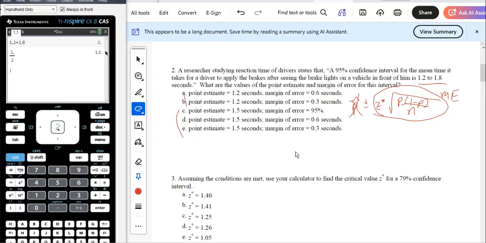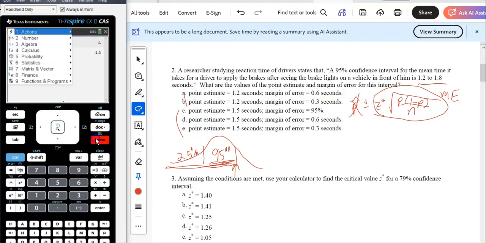So we have to find the z critical value for 95%. What I typically do for that is draw 95% in the middle here. We're trying to find what the z is right here. If there's 95% in between, there must be 2.5% on each side because it adds up to 100%. So to the left of this, that's how the inverse norm command works, it's going to be 0.975.